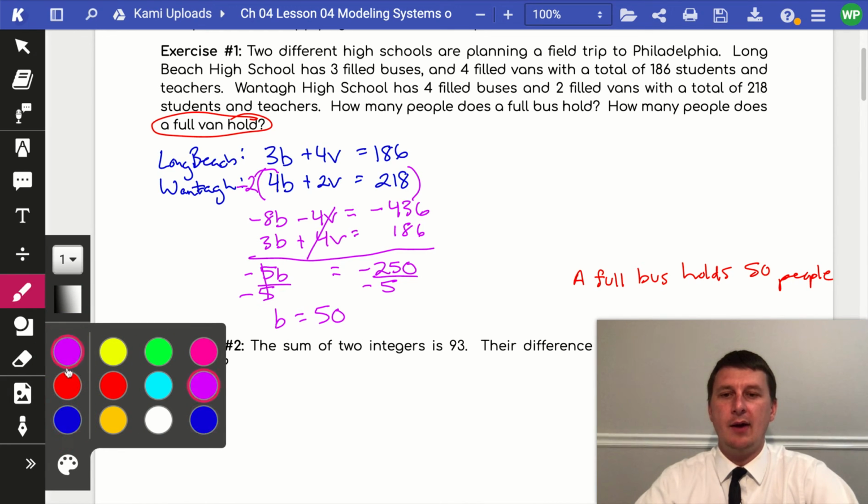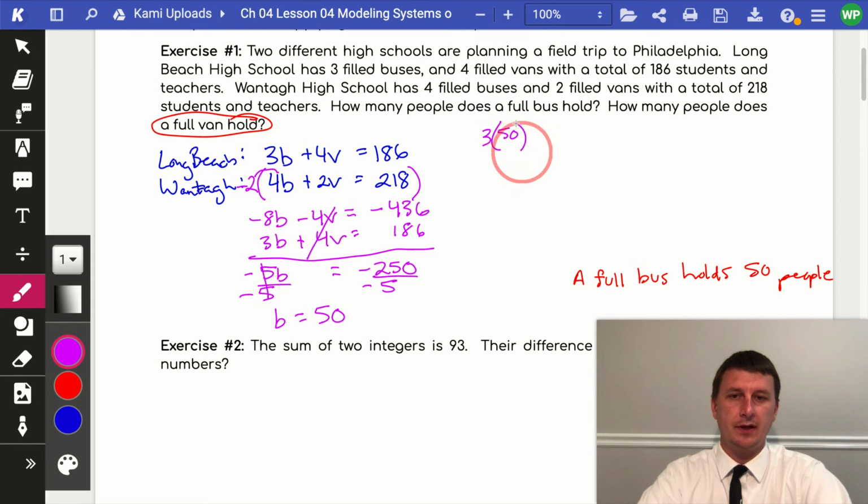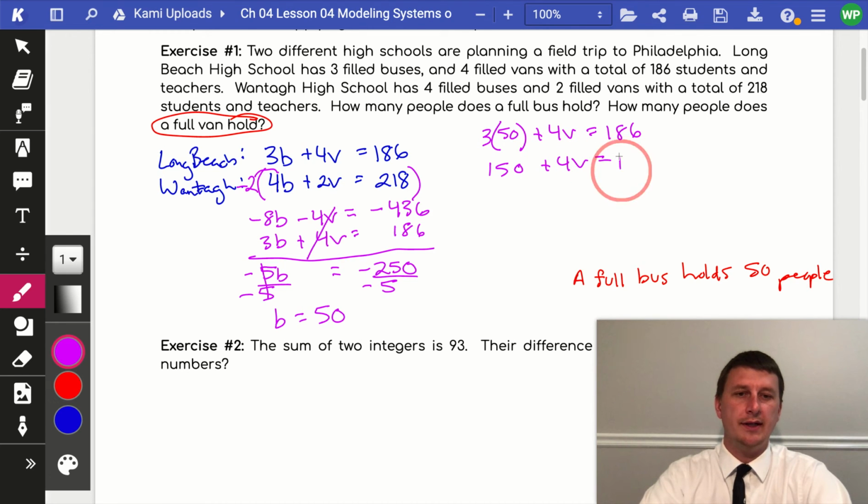And now we're going to take our b value and substitute it into either equation. I'm going to choose the top equation, although you could just as easily choose the bottom one as well. So I'm going to get 3 times b, which is 50, plus 4v is equal to 186. 3 times 50 is going to give me 150 plus 4v equals 186.